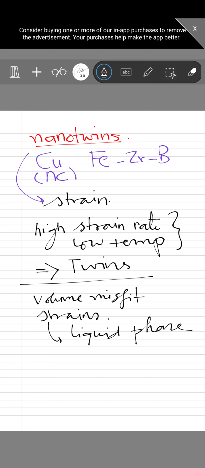Hence, one does not anticipate the formation of twins in the nucleating crystallites. So when the crystal is nucleating, that is, solidifying from the molten state, there is less chance of formation of twins.